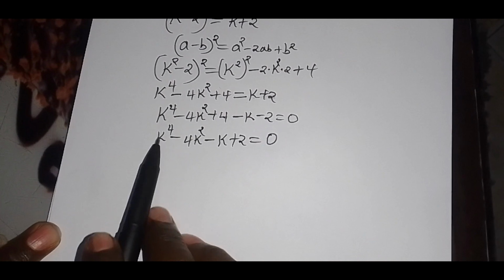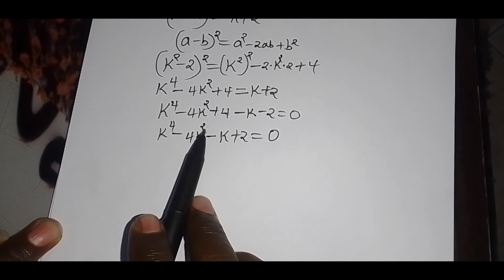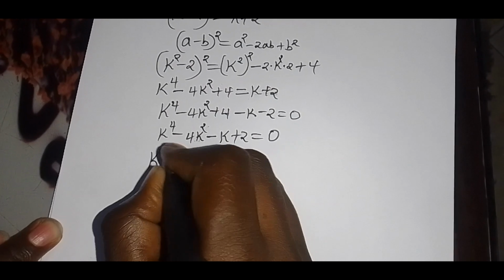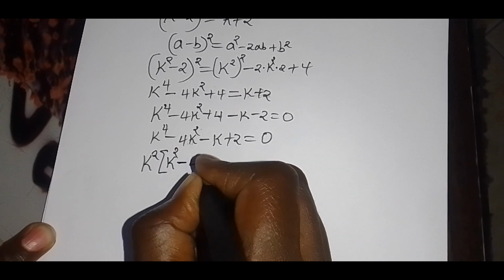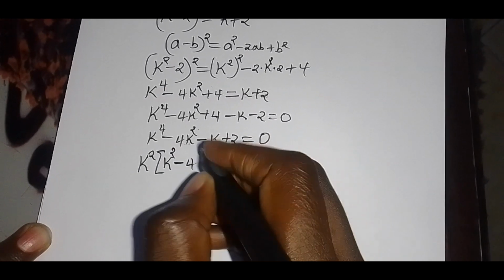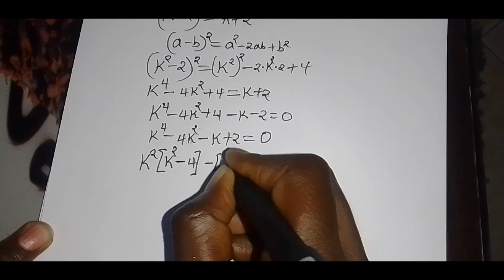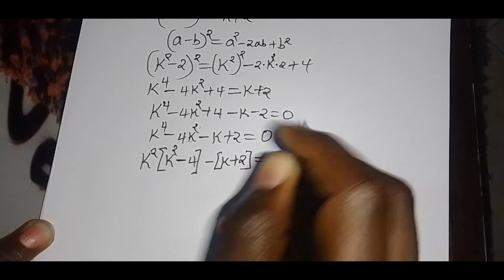Now, if you check here, we can factor out k squared from k raised to power 4 minus 4k raised to power 2. So we can factor out k squared, so that we are going to have k squared times (k squared minus 4) minus (k plus 2) equal to 0.